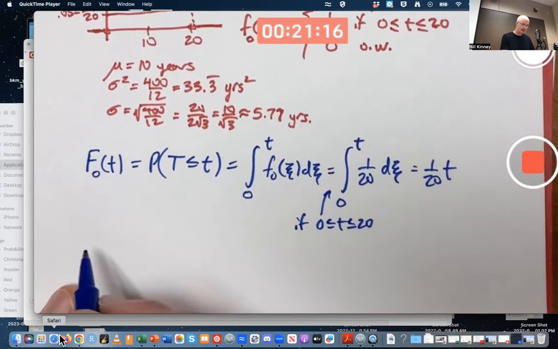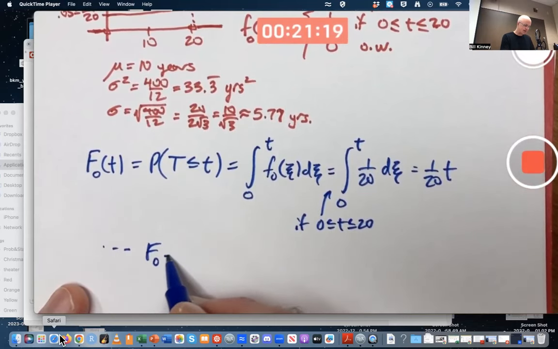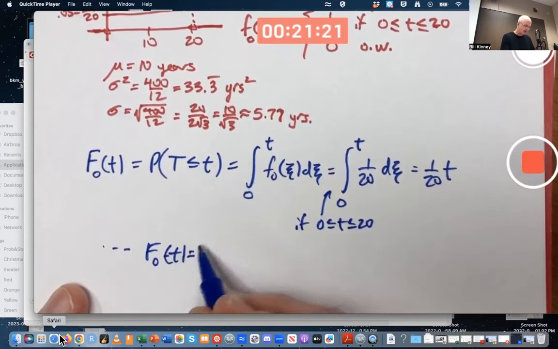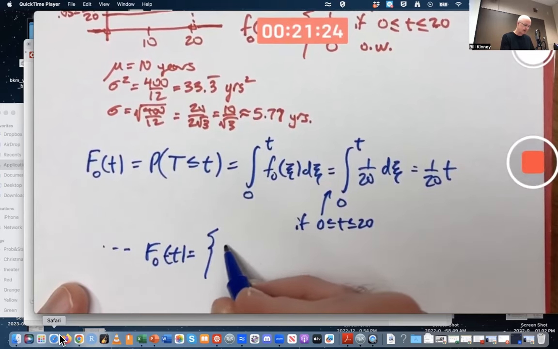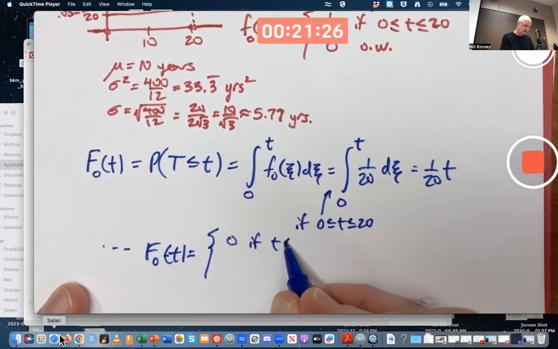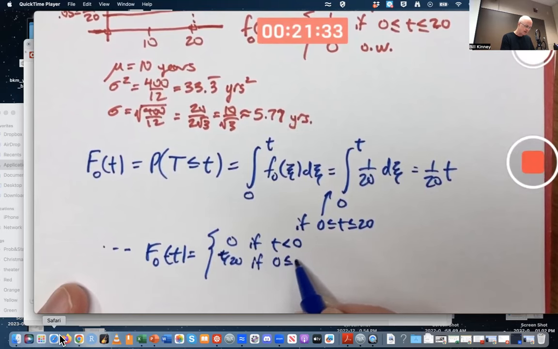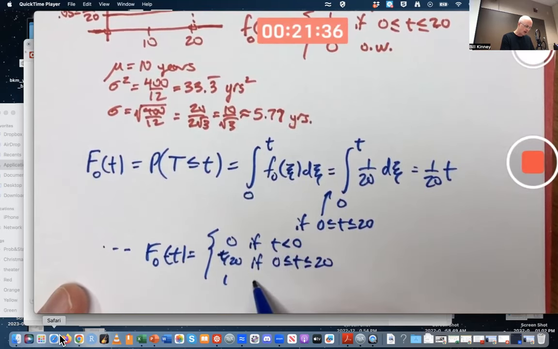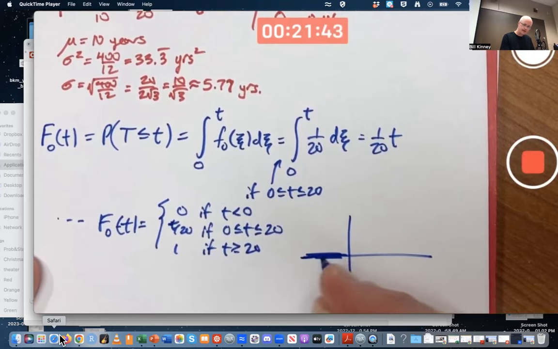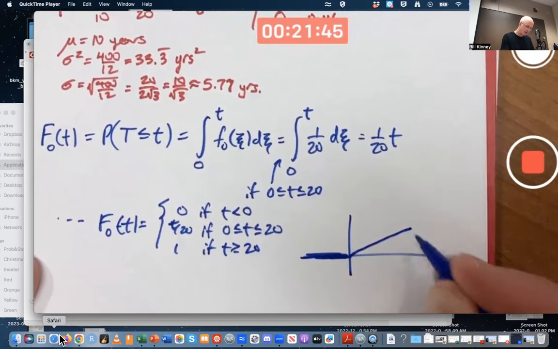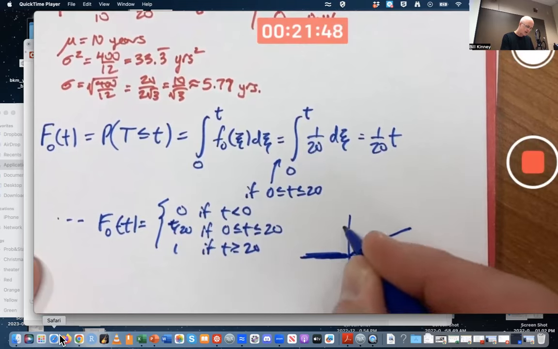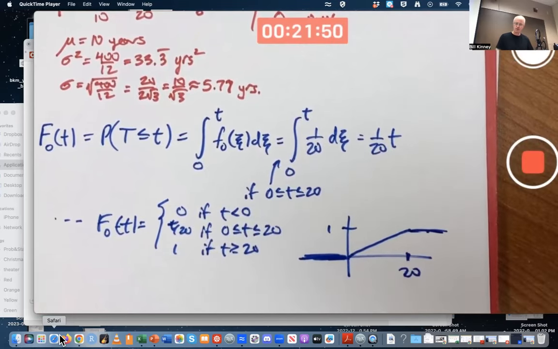And ultimately, this means the CDF is defined for all values of t to be, well, 0 if little t is less than 0, t over 20 if little t is between 0 and 20, and 1 if little t is greater than or equal to 20. And so it's going to have a graph that looks like this. It's 0 over here, then it's a linear function with a slope of 1/20th there, and then it equals 1 past that point.